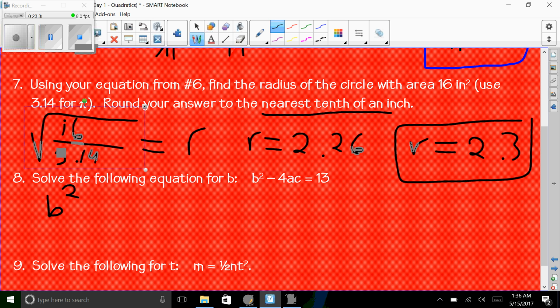b squared minus 4ac. And we're solving for b, so the furthest thing away from b right now is this c. But we can move the 4ac together as one whole piece by just adding it to both sides.